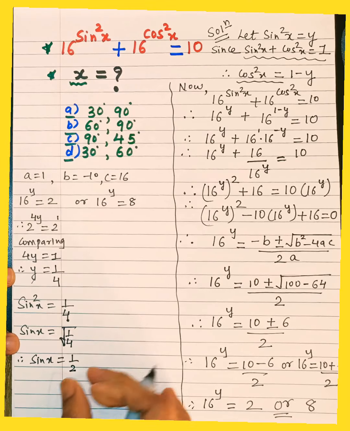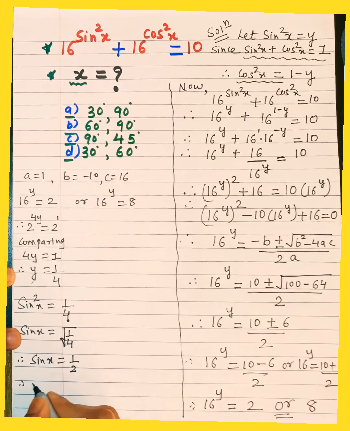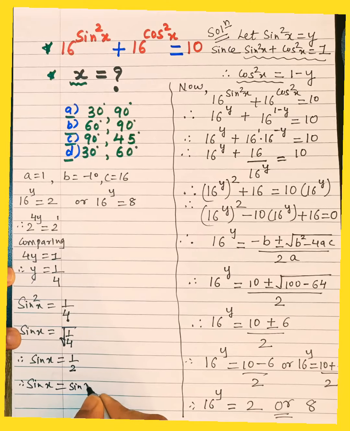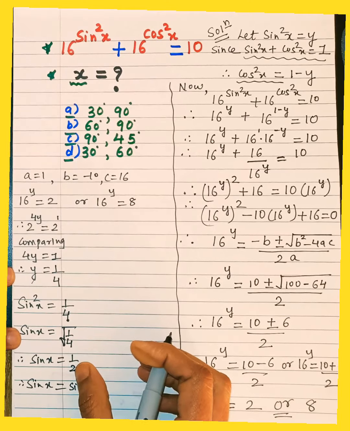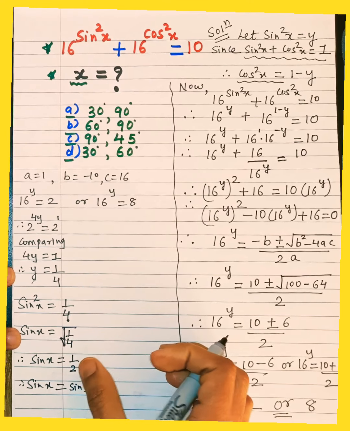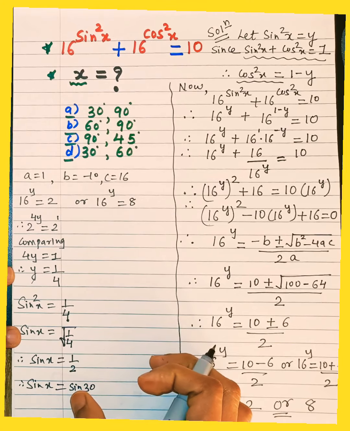If you recall, this half is the value of sine 30 degrees. So here I can write sine x equals sine 30 degrees in place of 1 upon 2.